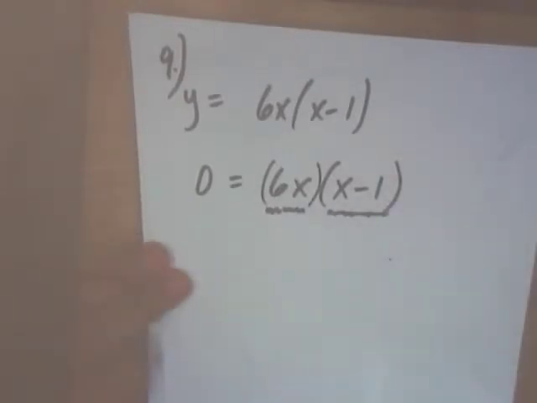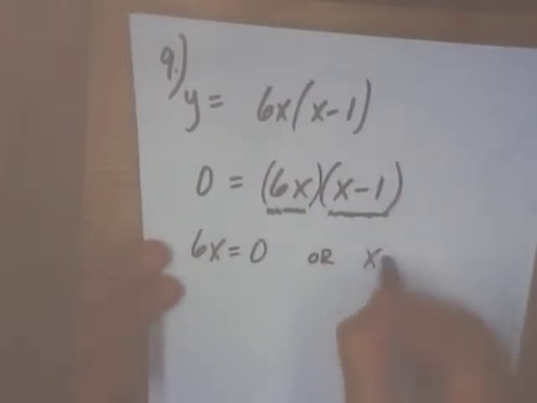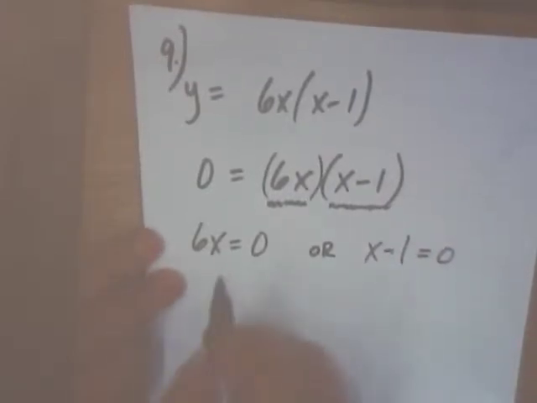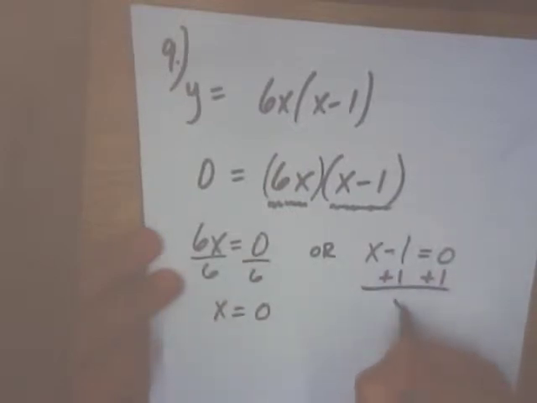I'm multiplying two numbers together, and I get 0 for an answer. How's that possible? One of them is 0. One of them's got to be 0, either the first value or the second value. And then solve. X equals 0 or 1.